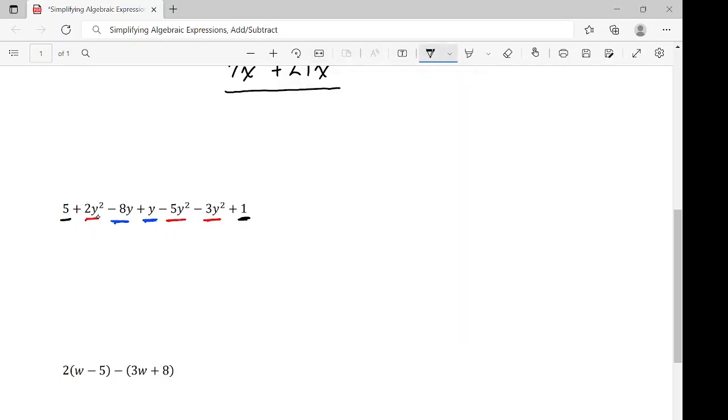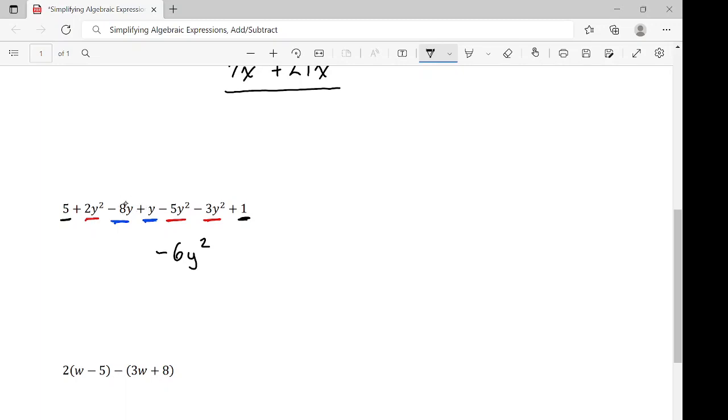So 2y squared minus 5y squared minus 3y squared, which is really just 2 minus 5 minus 3. And when we combine those together, we're going to get negative 6y squared. And now we have negative 8y and positive y.